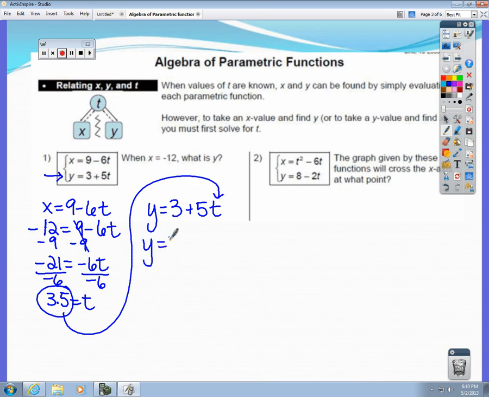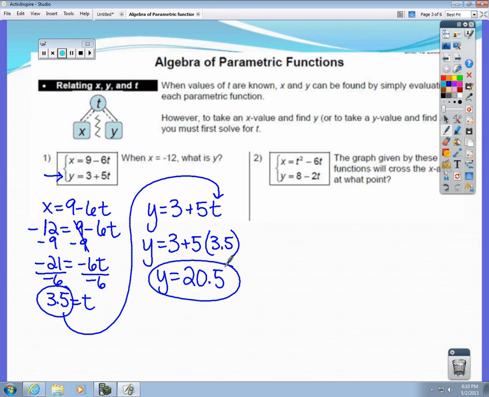So y equals 3 plus 5 times 3.5. 5 times 3.5 is 17.5, plus 3 would give you an answer of 20.5. So you start with what they give you, solve for t, and then you can use that to substitute into the other equation.